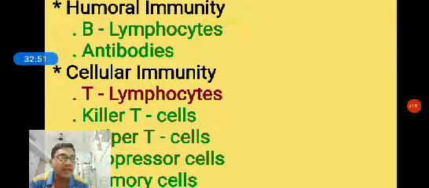Okay. The immune system is able to differentiate self and non-self, and cell-mediated immune responses are responsible for the organ rejection. The immune system differentiates the body cells and the foreign cells. That is the self and non-self.